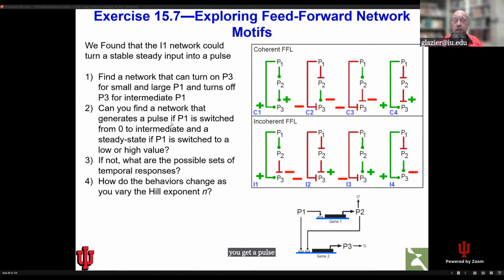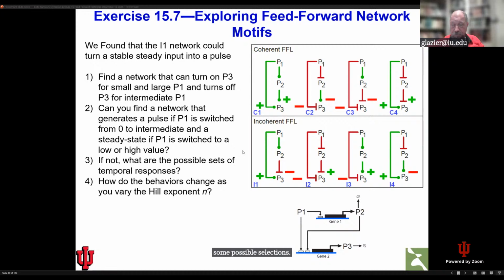Another one would be if P1 is off and you turn it to an intermediate value, it generates a pulse. And if you switch it to a low or high value, it gives a steady state. So there's some possible selections.